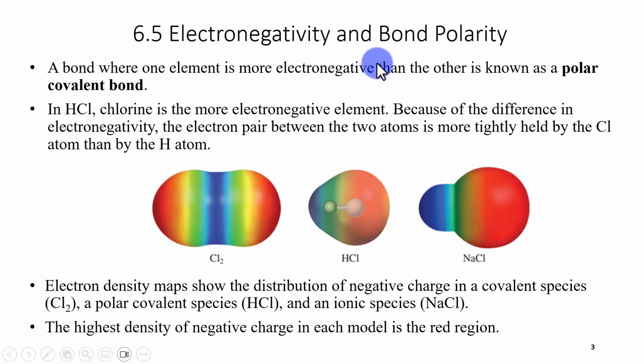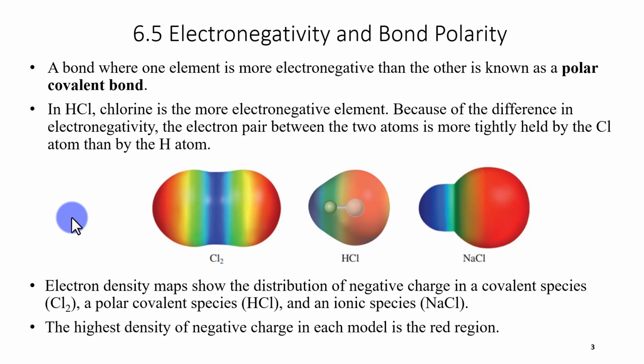Moving on to bond polarity, a bond where two elements have the same electronegativity value, so they're exactly the same when it comes to electronegativity, is a nonpolar bond, because both of those atoms are pulling the electrons that they're sharing equally towards each other.